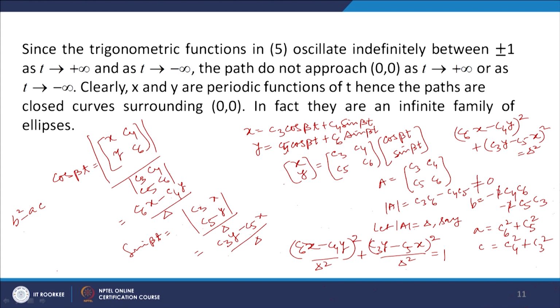So, we have (C4 C6 plus C5 C3) whole square, that is b square, minus (C6 square plus C5 square) into (C4 square plus C3 square).